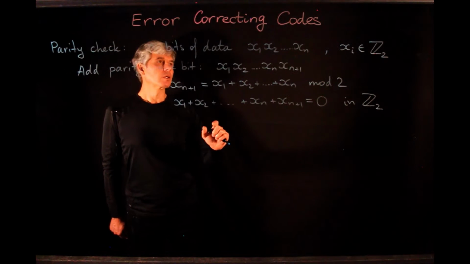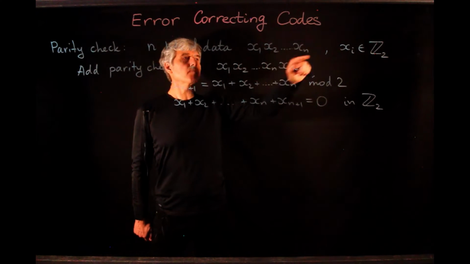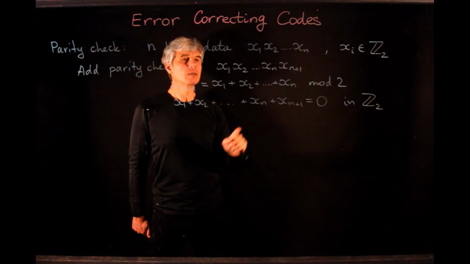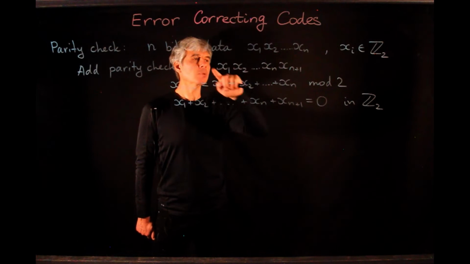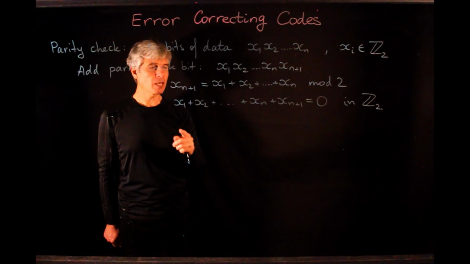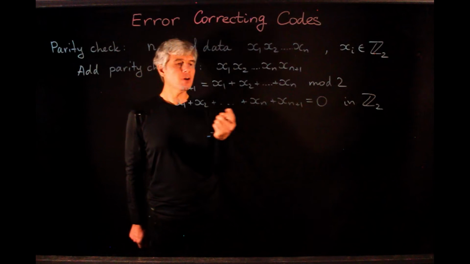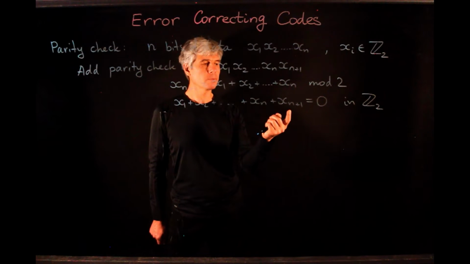Now, what we transmit is not the n bits of information, but these n plus 1 bits. When we receive the n plus 1 bits on the other end, we verify whether this equation holds.